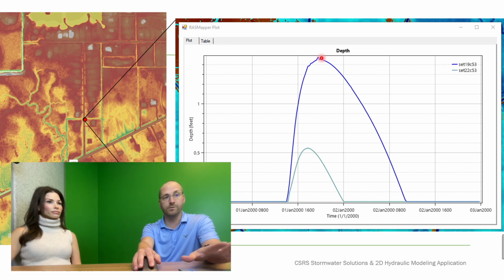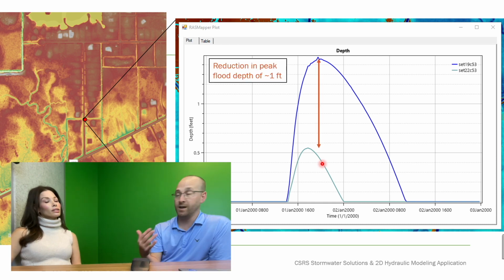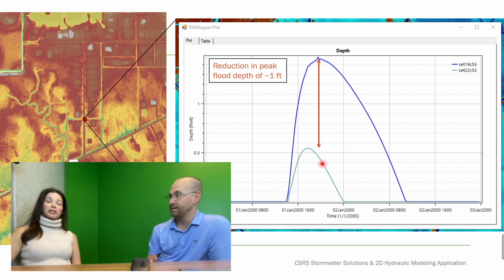It's getting up to 1.5 feet deep on this roadway. With the bridge in place at this location, this is the resultant water depth on that road. So it's reducing the depth of water on that road by a foot. That's really impressive. A huge benefit.